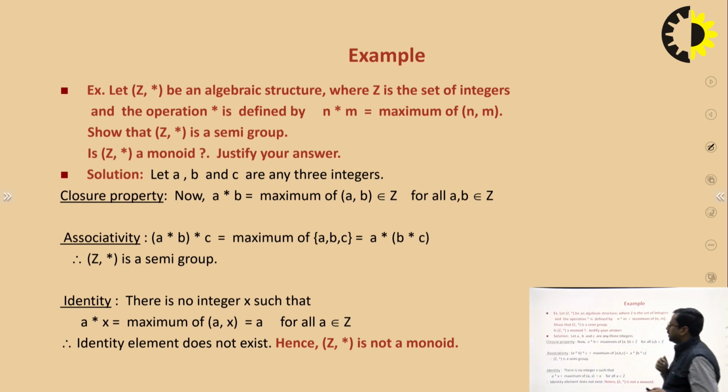It is a very important and very good question for the case of the monoid and the semigroup. Let's suppose that (Z, *) is an algebraic structure where Z is the set of integers and the operation * is defined by n * m.